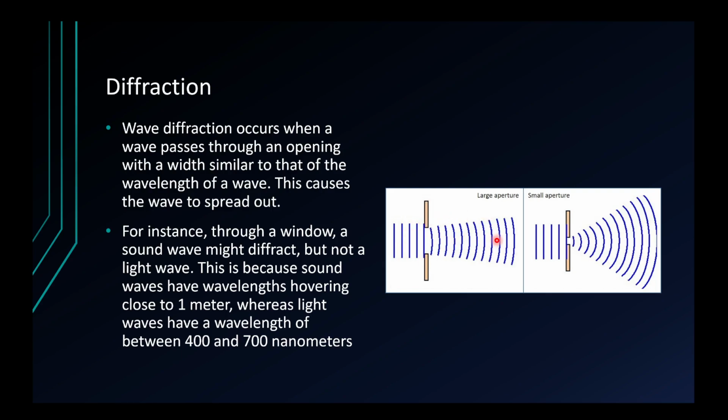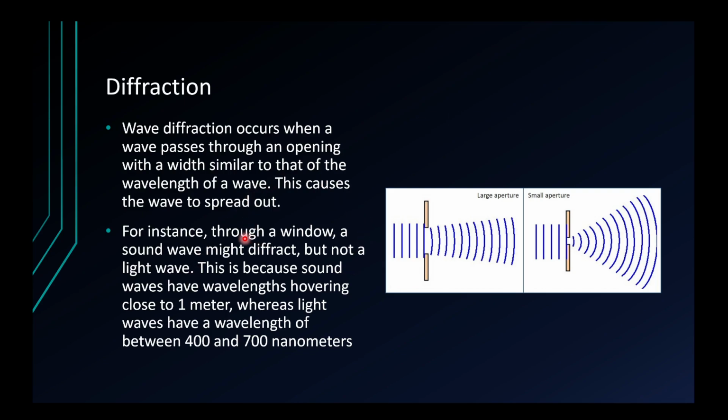This large aperture doesn't mean it's spreading out a lot. It's basically going along the same path with some slight deviance. But when it's really small, we call it a small aperture. We can see here that it's really small compared to the distances between each of the crests, and therefore it spreads out a lot more due to that change in aperture.